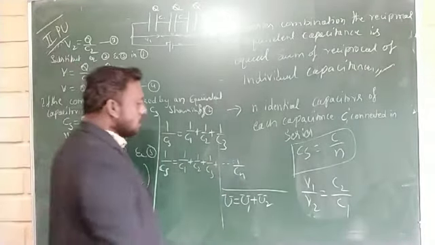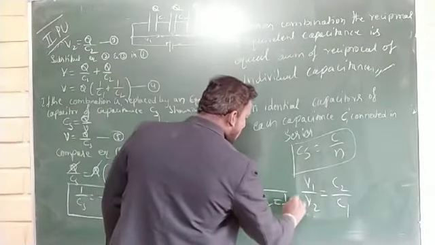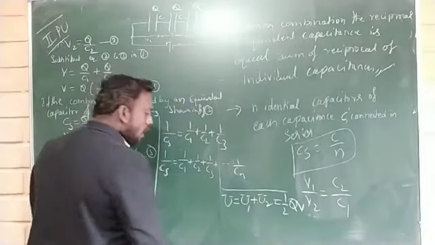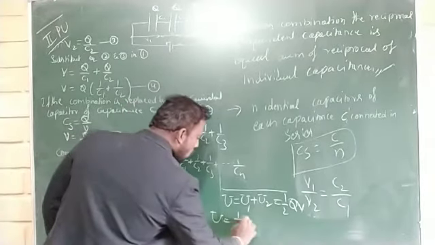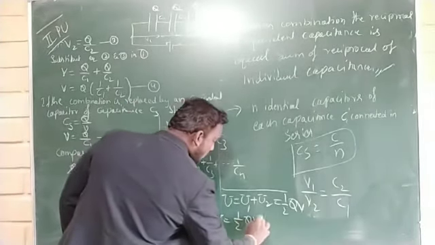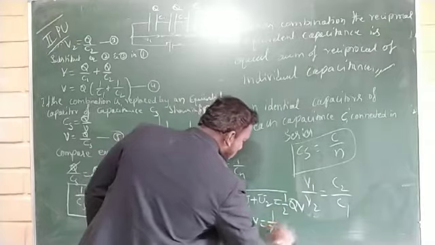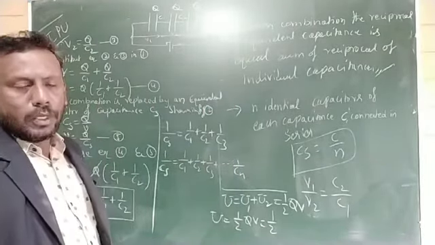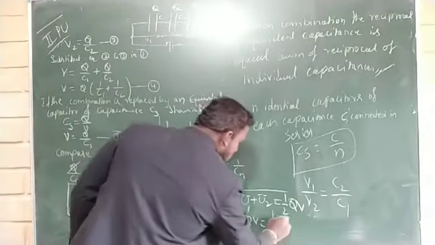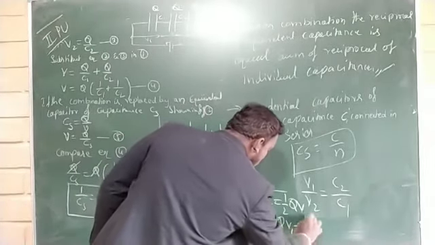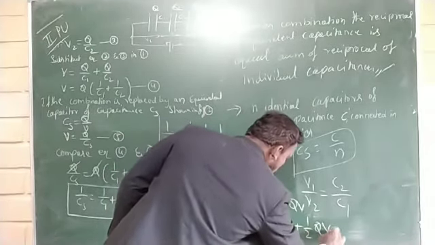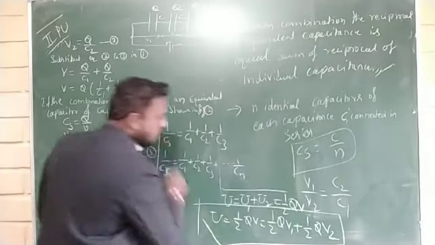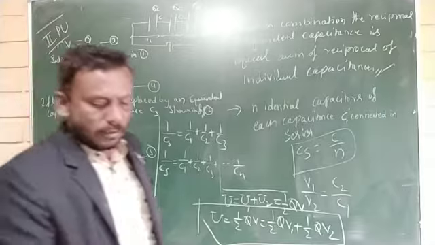That can be written as the total, 1 divided by 2 Q into V. U is equal to 1 divided by 2 Q into V1 plus 1 divided by 2 Q into V2, since the charge is the same. This is the formula to calculate energy stored in capacitors in series combination.